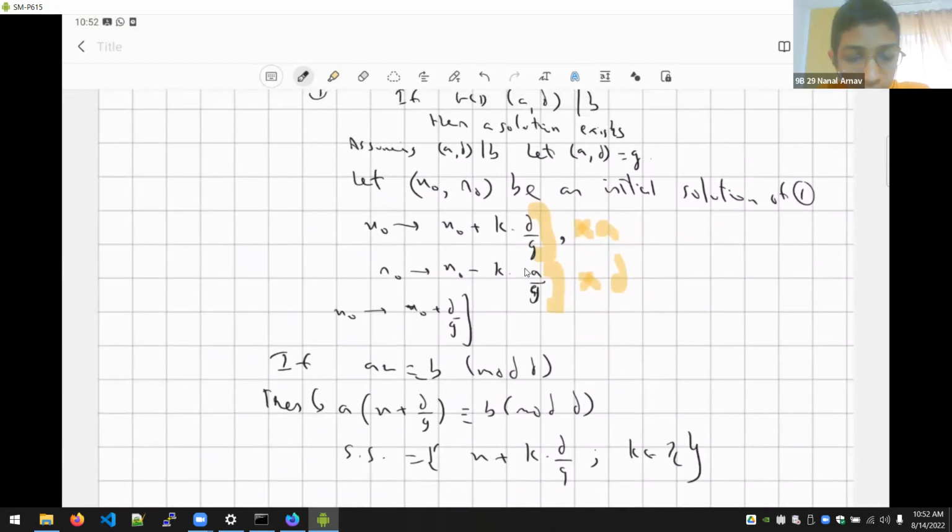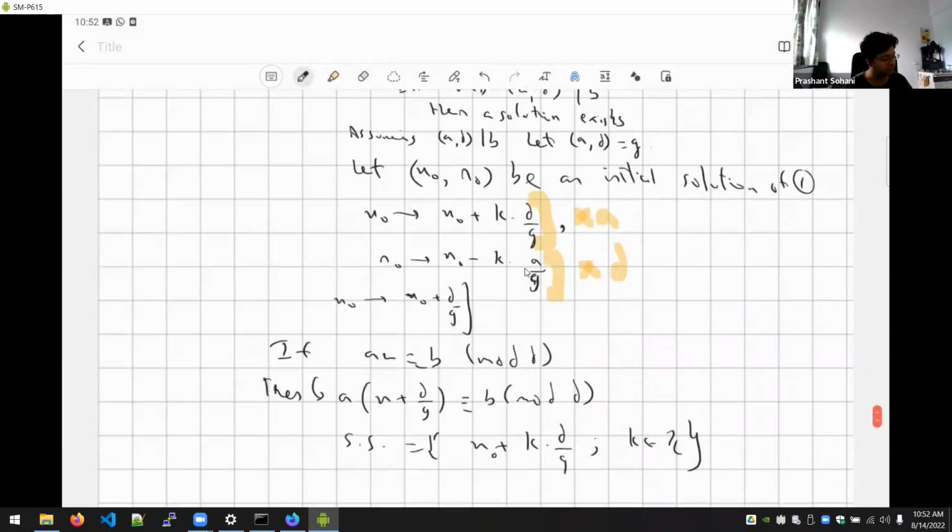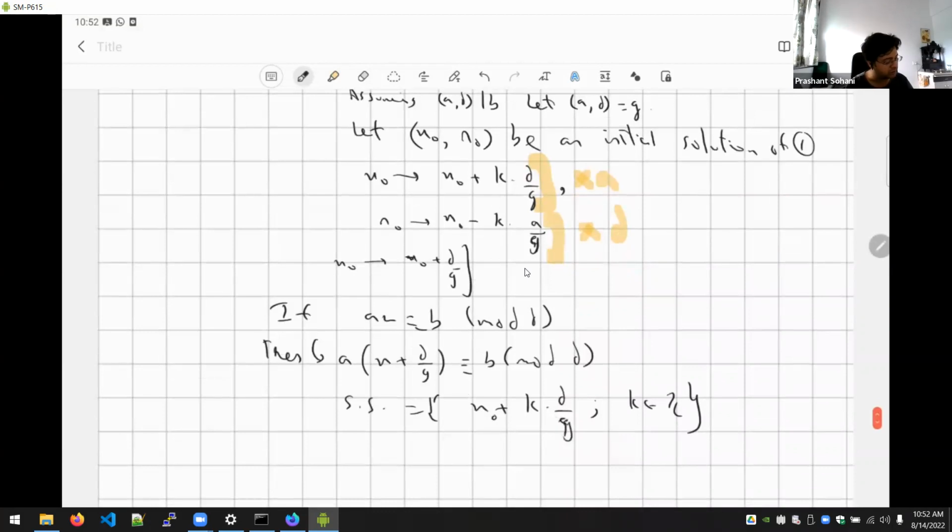So in the solution set, it should be x naught, right? Where x naught is the original initial solution. So in terms of this, the step that we can take is d upon g.